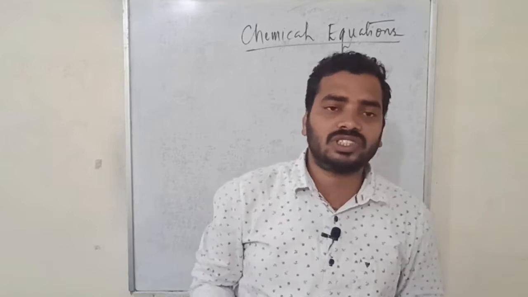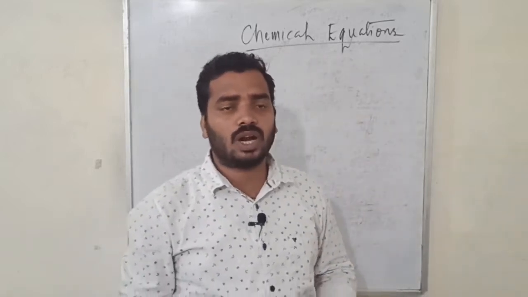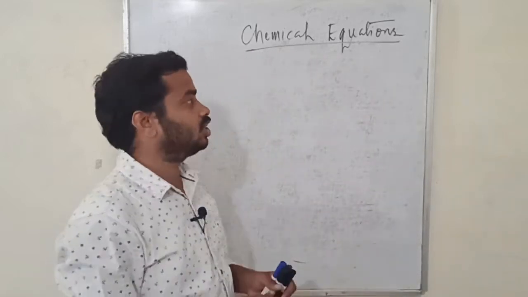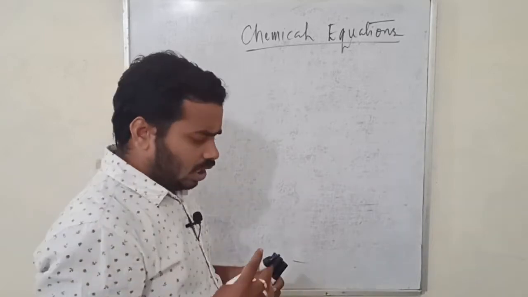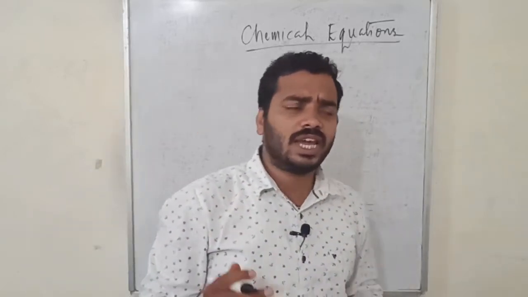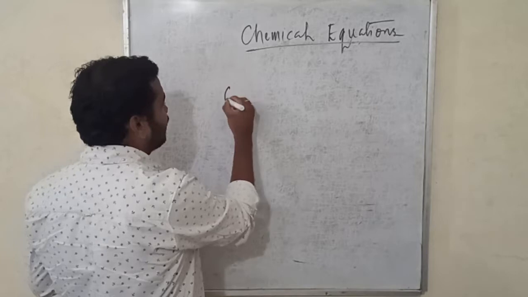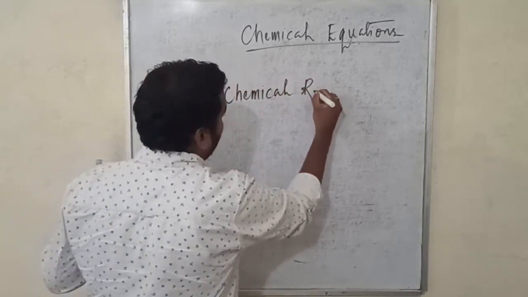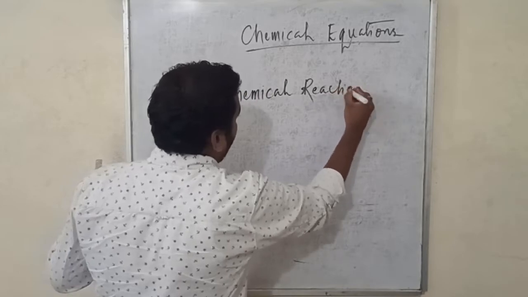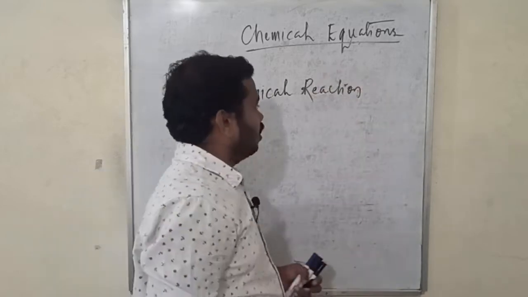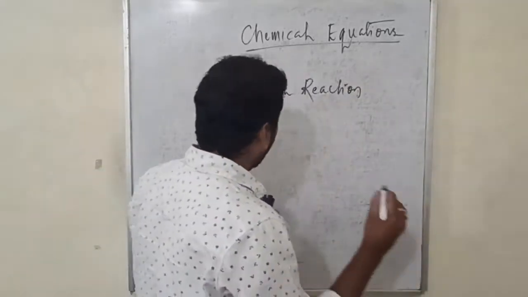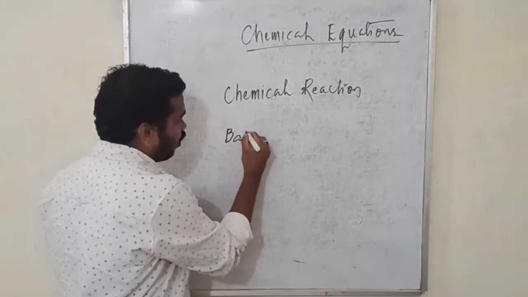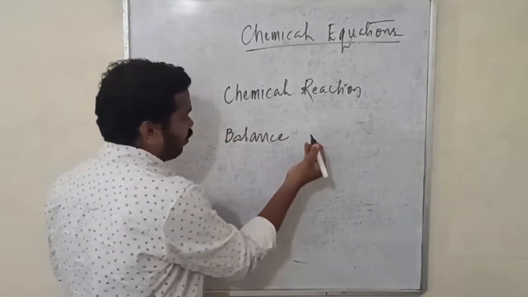If we get into this chapter, what are we going to discuss? First of all, we'll get to know what exactly a chemical reaction is. And next to that, we shall learn how to balance the chemical equation.